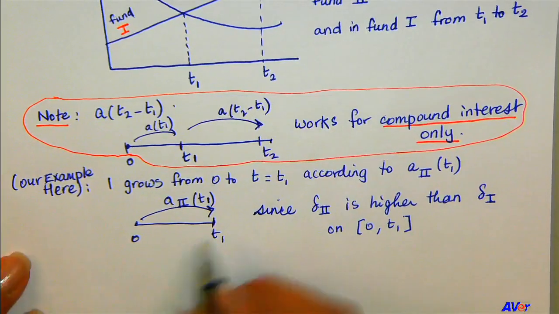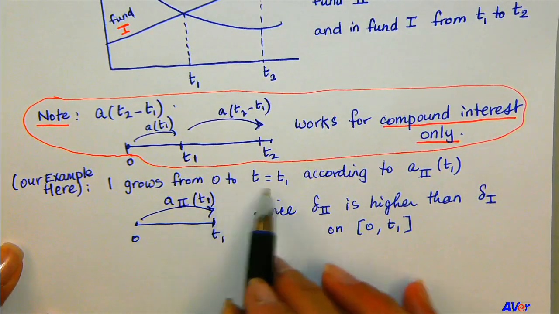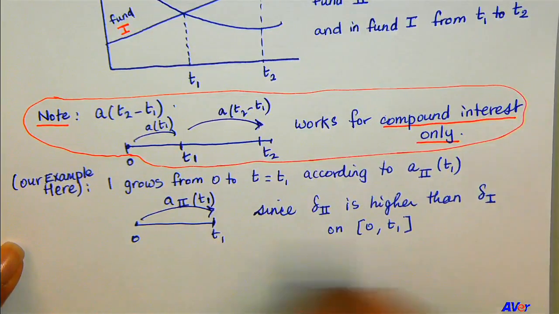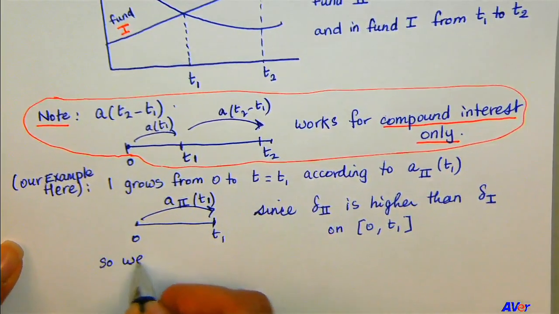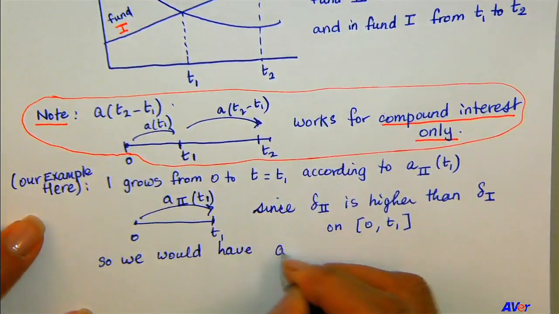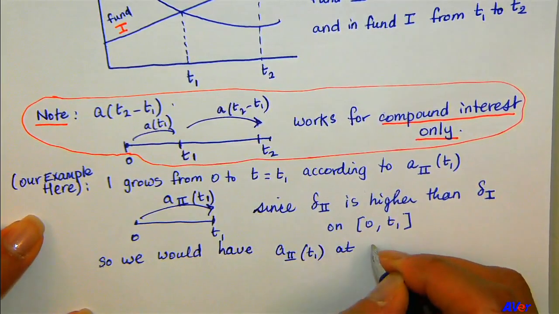And then, well, 1 goes from 0 to T1 according to consensus. So, wait, let's not finish it there. So we would have A2 of T1 at T1.